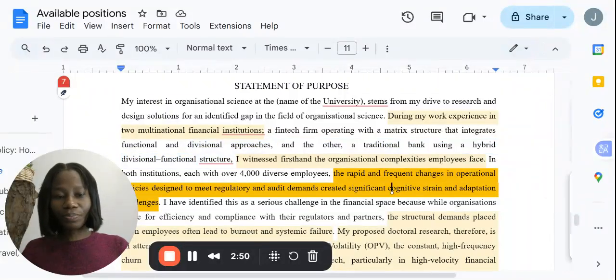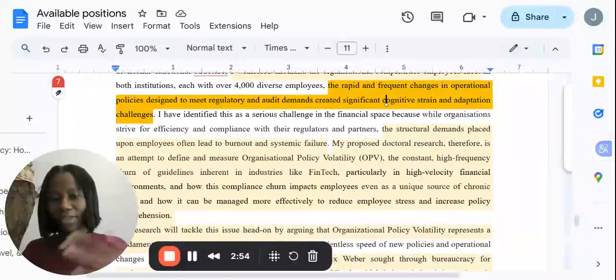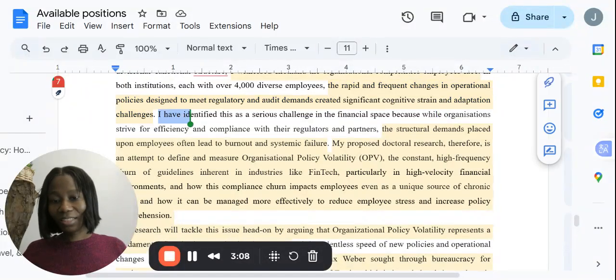Next, they explain that in both institutions, they had rapid and frequent changes in operational policies, and they recognize this as a cognitive strain on employees. So that is the problem. They also confirm that they have identified this as a serious challenge and they had to fix it, right?